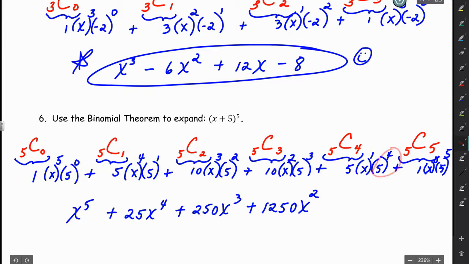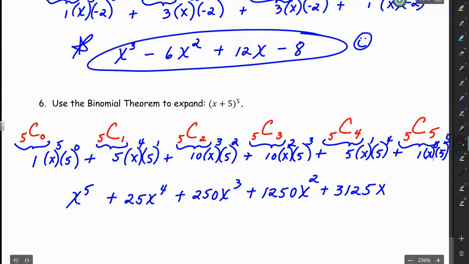And we have 5 to the 4th times 5, that's going to give us 3125. The last term we have 5 to the 5th power, that's going to give us 3125.